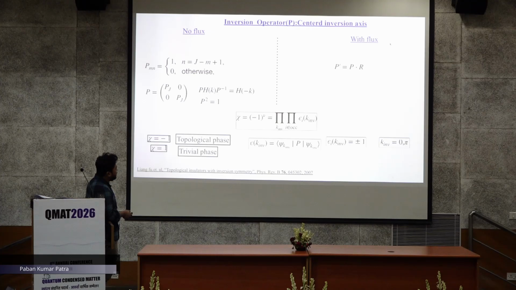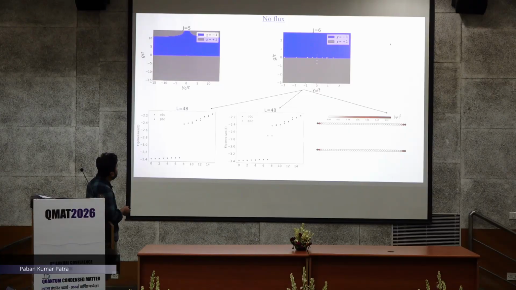This is the actual topological invariant, unlike the Berry phase. When I calculate this formula, it turns out that for the no-flux case, for even and odd values of j, for values of gamma greater than g, it is always topological. However, for additional values there is a band gap closing. That's why it is a topological invariant, and there is a bulk-boundary correspondence with the open boundary condition.